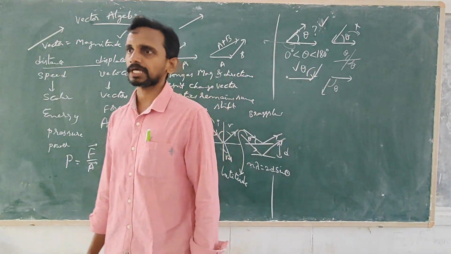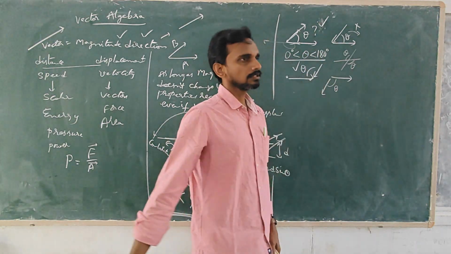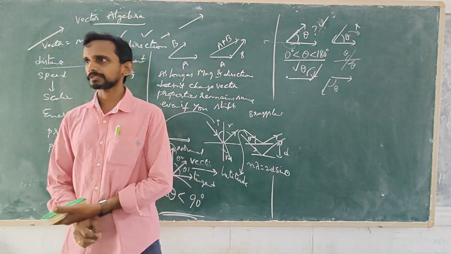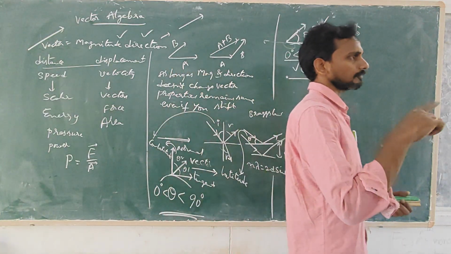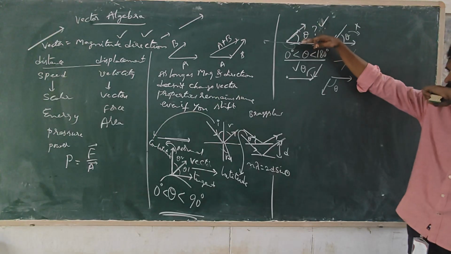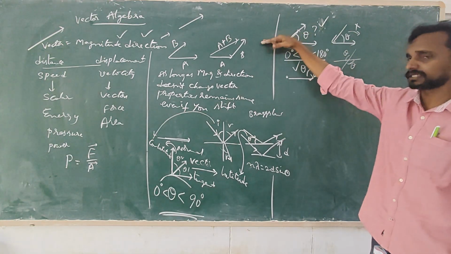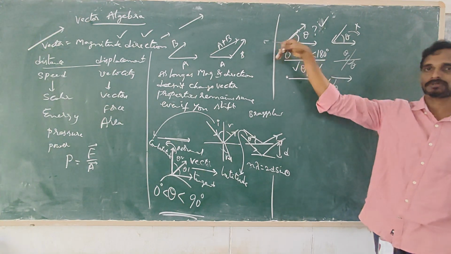Then only you can measure the angle, and the angle value is between 0 degrees and 180 degrees. If it is beyond 180 degrees, you have to measure the angle from the other direction. When they are opposite each other, the angle is 180 degrees.